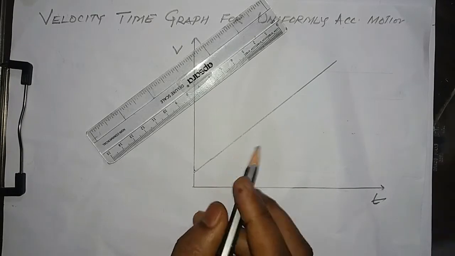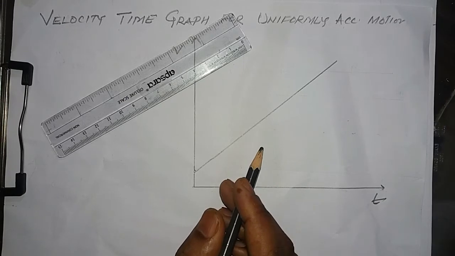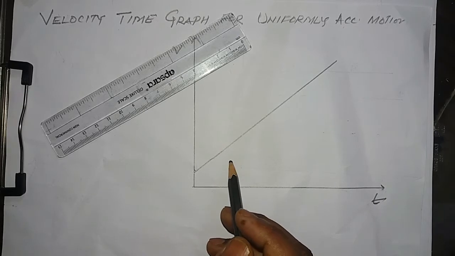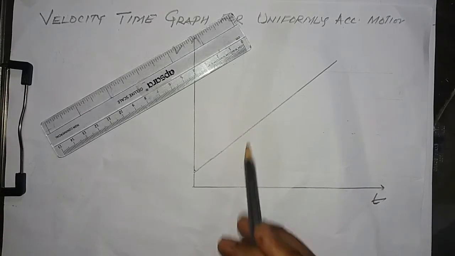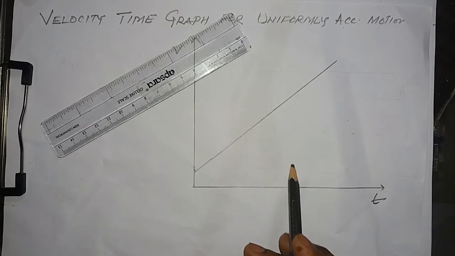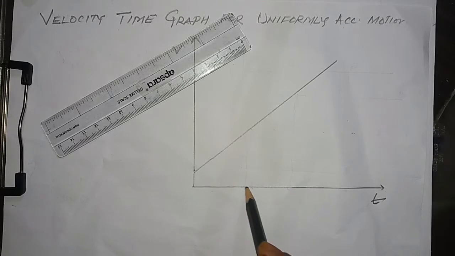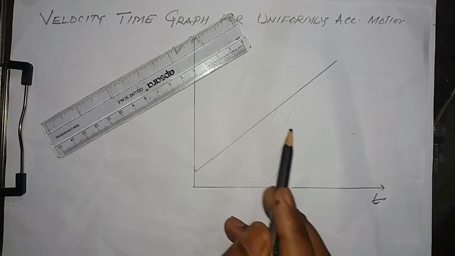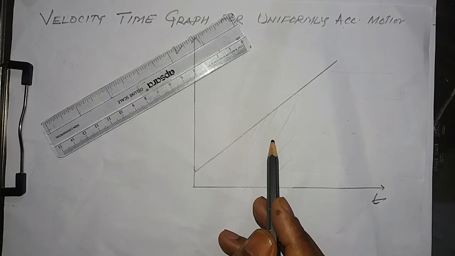And the area under the velocity time graph gives the displacement of the object in the given time interval. If you want to find how much distance or displacement the body has covered in any time interval, take out the area under the curve and you will get the displacement.